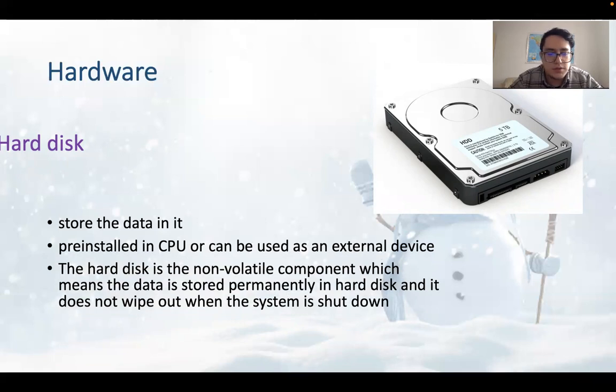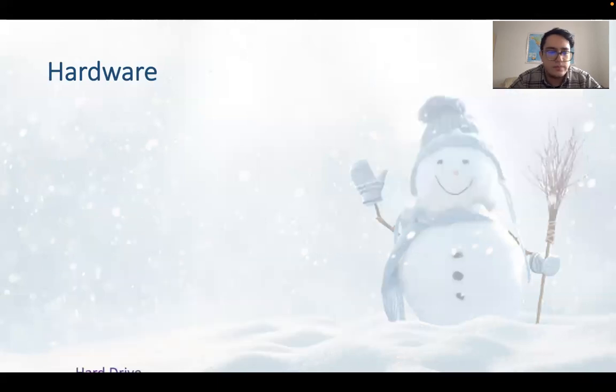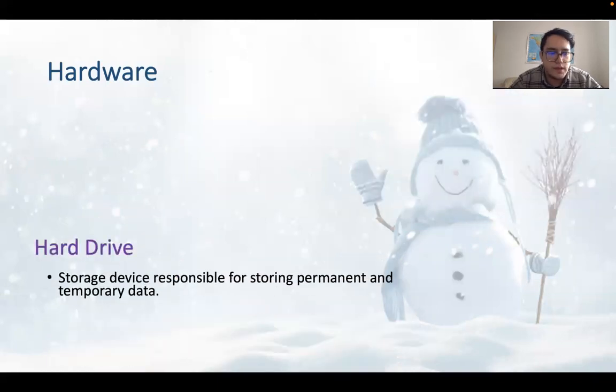And as I mentioned, the data will be stored permanently in the hard disk, and it does not wipe out when the system is shut down. So, hard drive, a storage device responsible for storing permanent and temporary data.